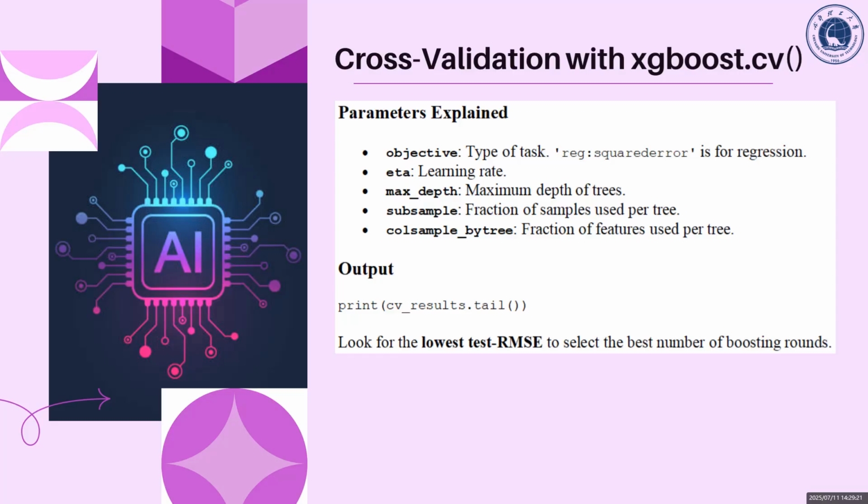Then we have the subsample, which is the fraction of the samples used per tree during the boosting round. And then we have the colsample_bytree, which is the fraction of the features used per tree during training. All right, then we have the output, which prints the result of the cross-validation. So we look for the lowest test RMSE to select the best number of boosting rounds, which is nothing but the training time.